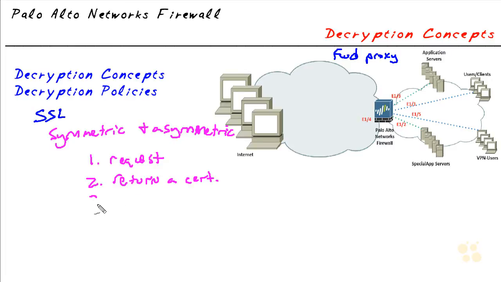Now, the third part is that the certificate is verified, so we make sure that we trust it and see what's going on. I'm sure you guys have been to websites where something's come up and you don't trust the certificate, it's self-signed, or whatever is going on.